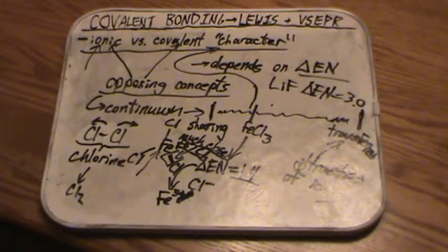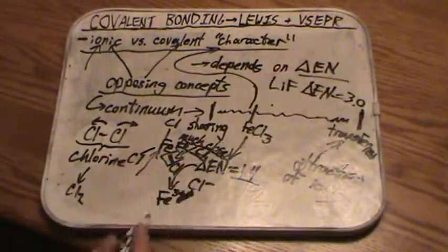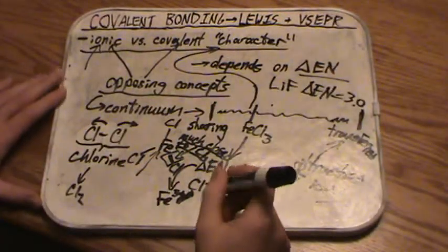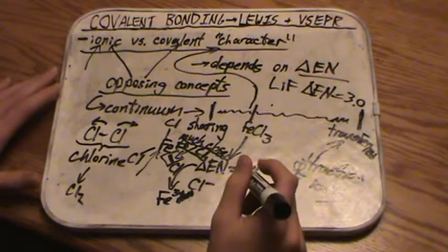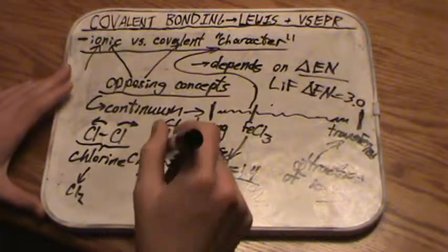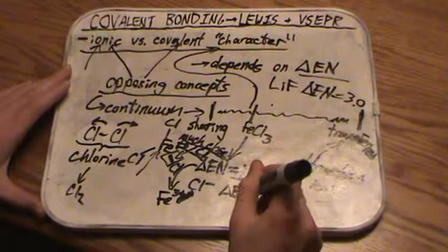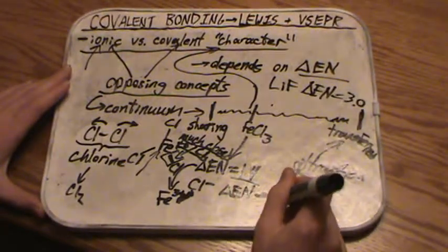And so just before I stop rambling here and go on to the next topic, one of the biggest ideas here is that although there are many different electronegativities, so 1.4, 3.0, what many textbooks and academic sources like to count as the cutoff between being ionic and being covalent is a delta EN of 1.7.